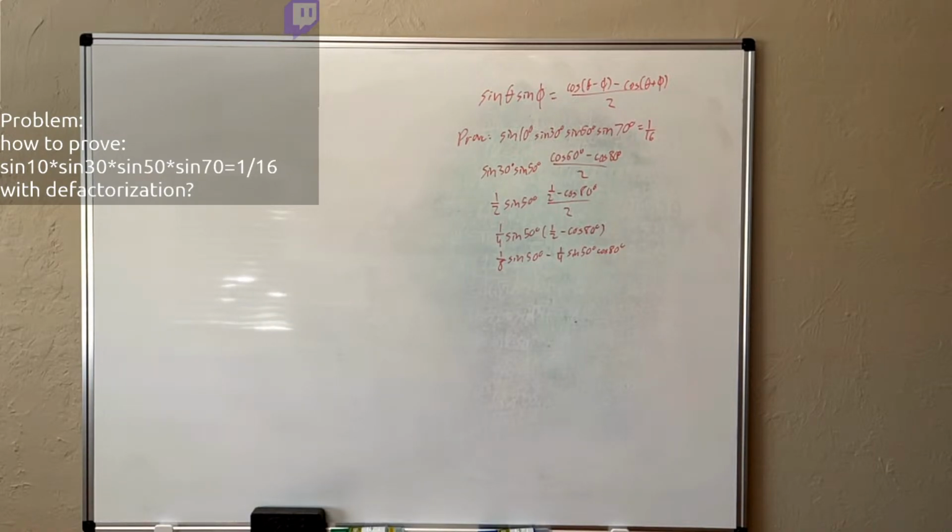Is 130 degrees unit circle? Let's find out. It's 90 plus 40? No way. 130 is not a unit circle. It's unlucky.